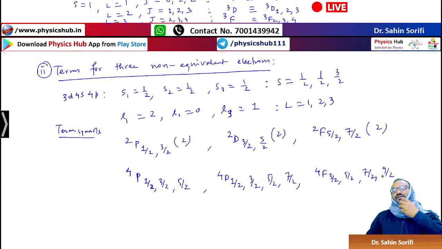Mostly you can consider it in this way. From the values of s1, s2 and s3, we have to find the minimum value possible by combining them and the maximum value possible, and the values in between are allowed with an interval of 1. In that way you can consider.